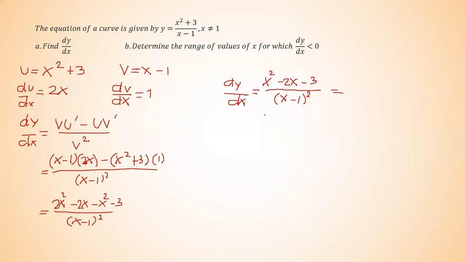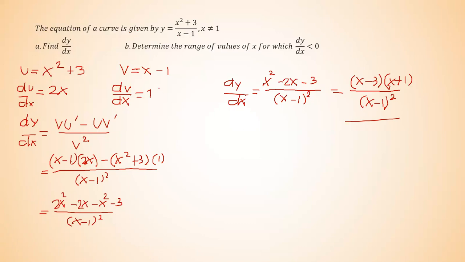We may factorize: (x minus 3) times (x plus 1) over (x minus 1) squared. So this is the derivative, or dy/dx, of this function.